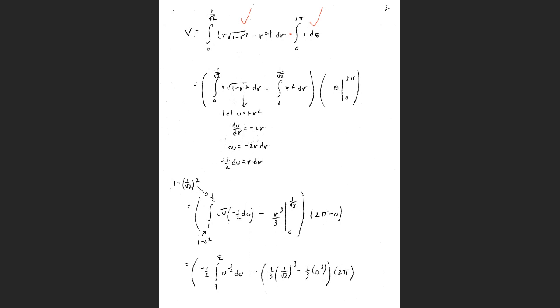I'm going to write that as the difference of two integrals. Okay, and then for the r times the square root of 1 minus r squared, I'm going to do a u substitution. Okay, so let me let you copy up to here, and please let me know if you have any questions.